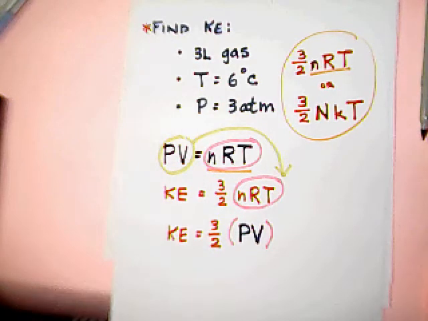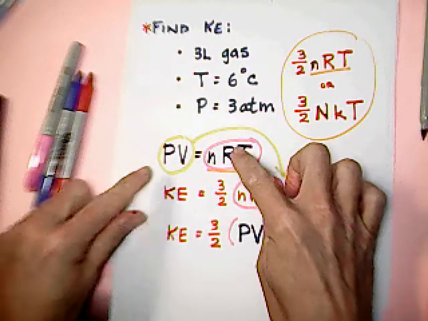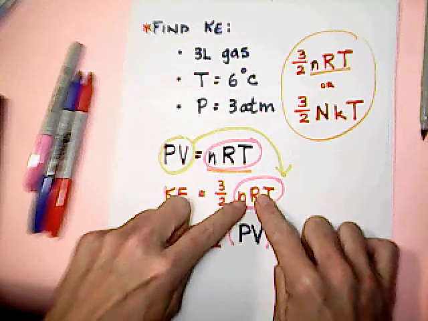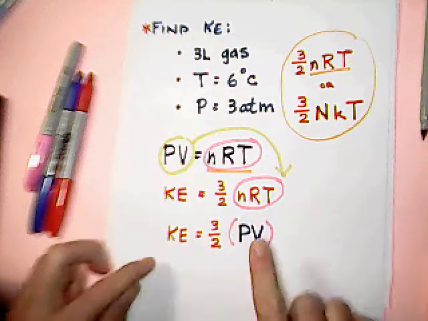And where did that come from? Simply substituting in PV equals nRT. That nRT is substituting straight in. And actually at this point you can solve for your kinetic energy.